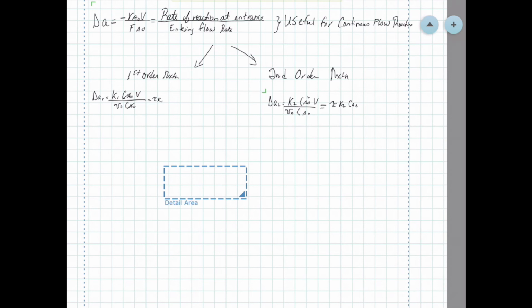We use these numbers to characterize or estimate flow reactors, especially the CSTR. If we consider an irreversible reaction, we can come up with a rule of thumb.